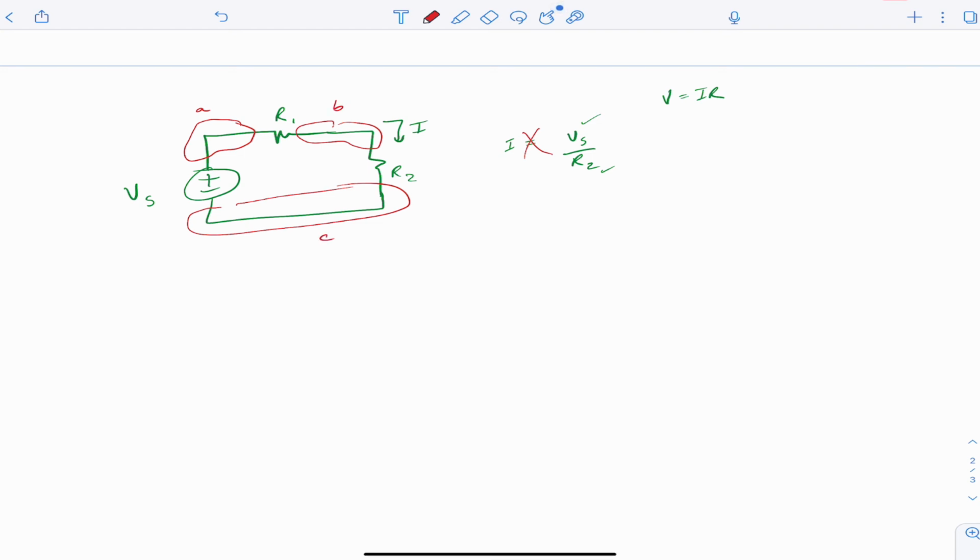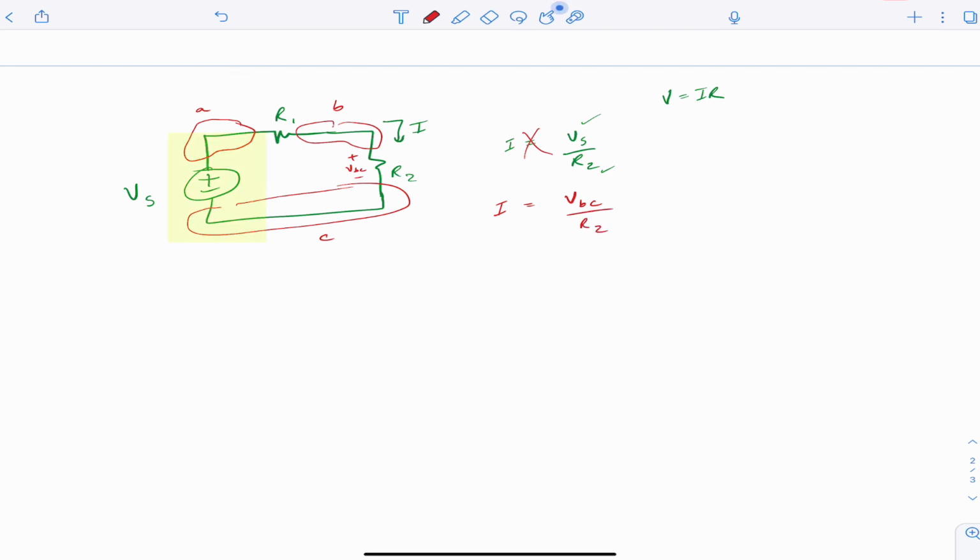With Ohm's law, what we need for V equals IR, well, we want the current through R2, but we need the voltage across R2. And that voltage would be VBC. So I is VBC over R2. Now look carefully at what is going on here.